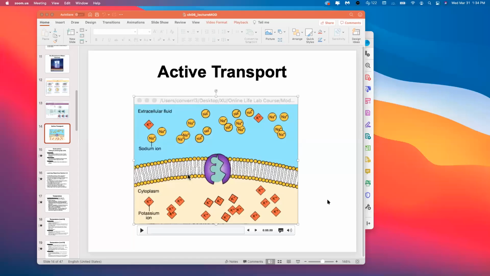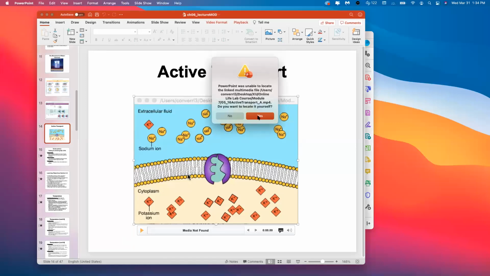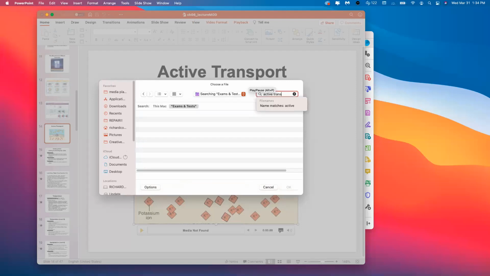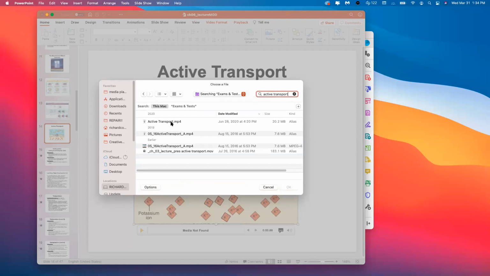All right, we'll do it the clunky way. Sure. Second desktop. Right. So here we go.